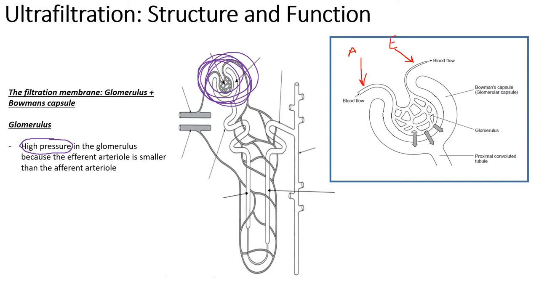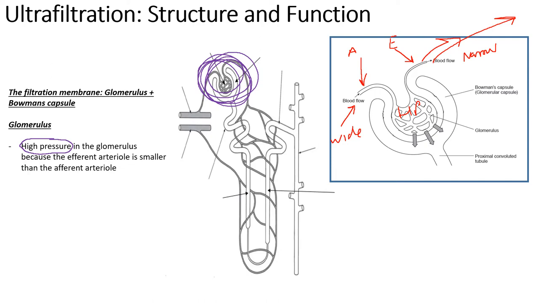And you can see that this going in is wide, this going out is narrow. What that does is it builds up high pressure inside the glomerulus, because there's less chance of the blood escaping out of the efferent arteriole.